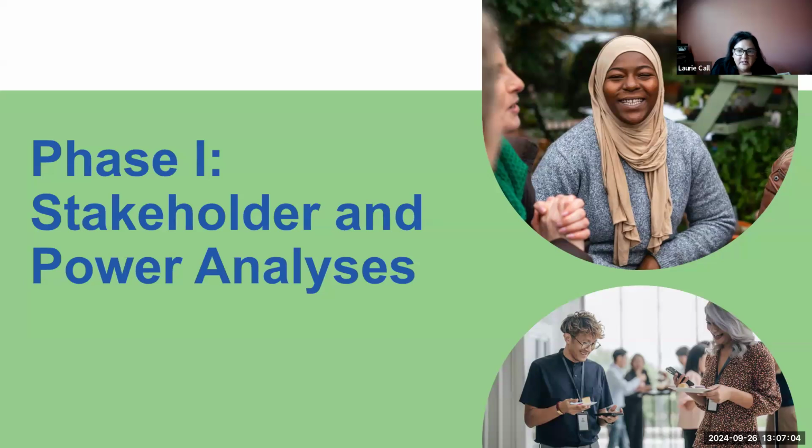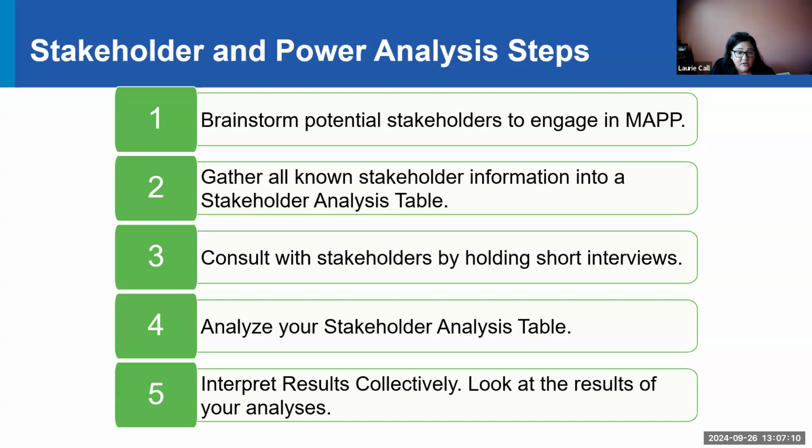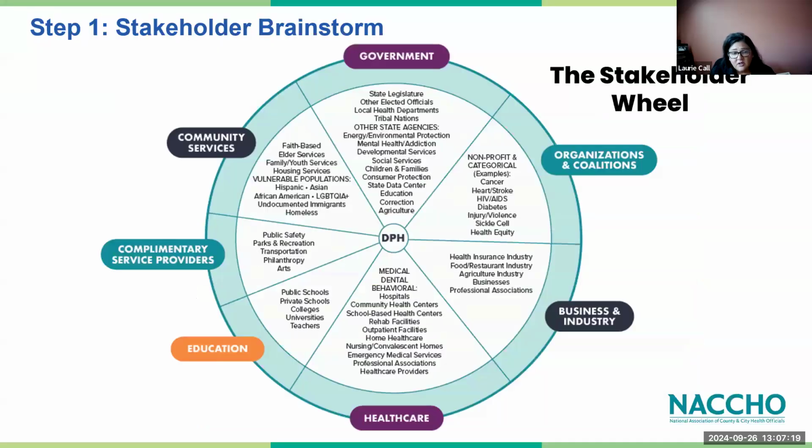But here, in phase one of the stakeholder analysis, the steps are that you're really going to brainstorm who are all the potential people, organizations, groups that could be involved. And this is a helpful tool to look at because it has different sectors of the community and potential entities or organizations or groups that could represent that, and really just pushes your thinking.